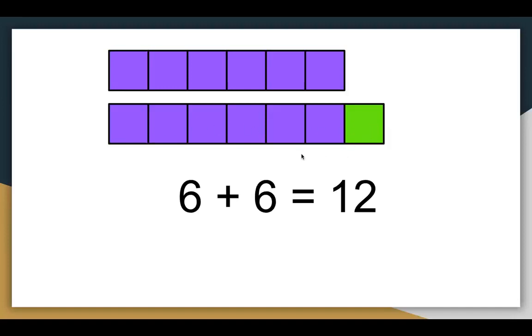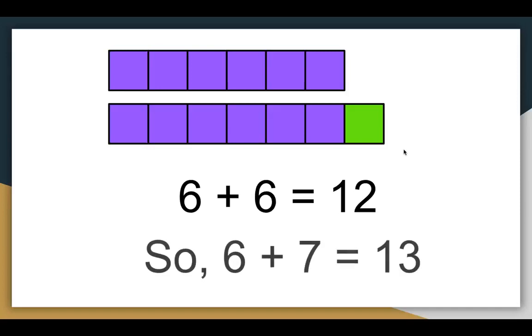So my new fact is 6 plus 7. If I already figured out that 6 plus 6 is 12, I only have that one more green one. So if 6 plus 6 is 12, then 6 plus 7 is 13. It's just one more.